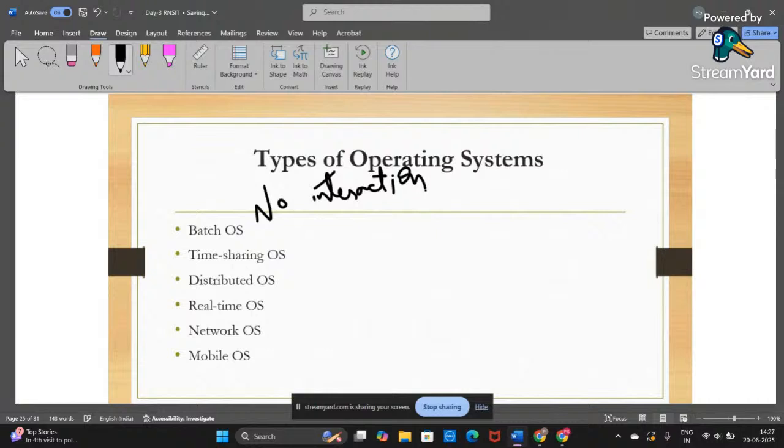Its main job is to work with jobs of similar needs grouped together. An example for this is the earlier IBM systems, not the present IBM. The earlier IBM system is the example for batch OS.